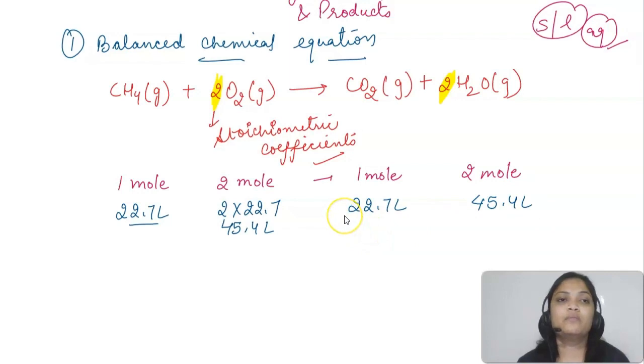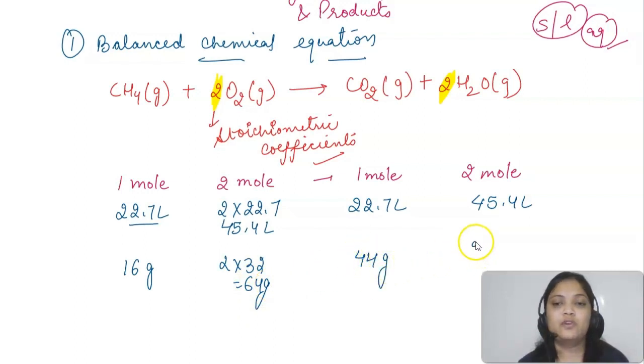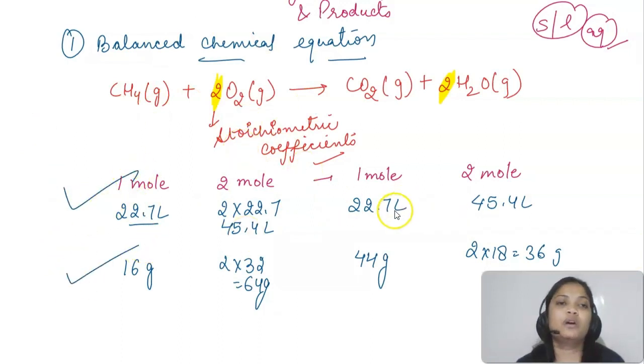Now you know the mass of 1 mole of substance is the molar mass. So in that way I can say 16 grams of methane will react with 2 into 32, means 64 grams of oxygen to form 44 grams of CO2, and 2 into 18 means 36 grams of water. So all this information we are going to get from the balanced chemical equation, and we can use these things to do our stoichiometric calculations.